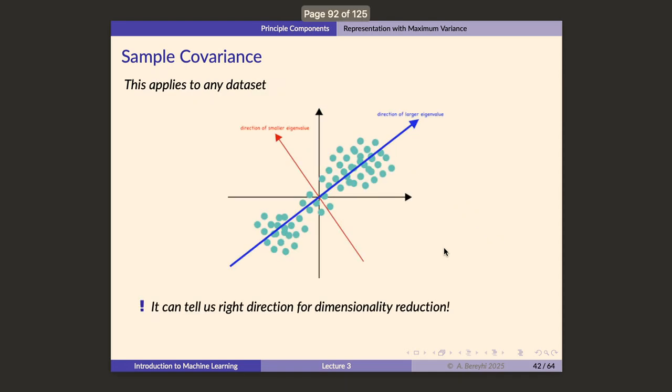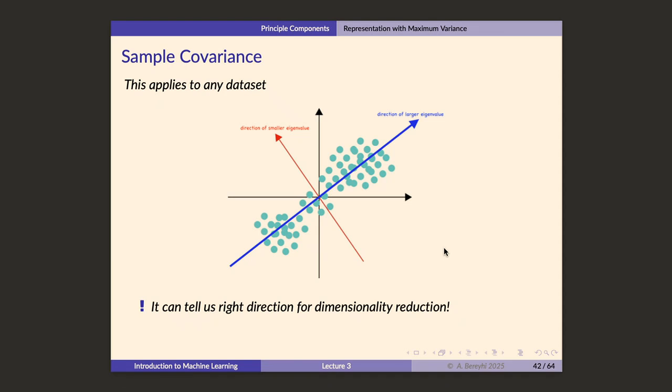Now, in practice, you are not going to have exactly everything on the line, but you could have them spread, right? But once you compute again the sample covariance, you're going to get two directions. One of them is the blue one, one of them is the red one, and although it's not observable from here, I have written about the blue one, the one which contains the higher eigenvalue, and the red direction is the one whose corresponding eigenvalue is smaller, right?